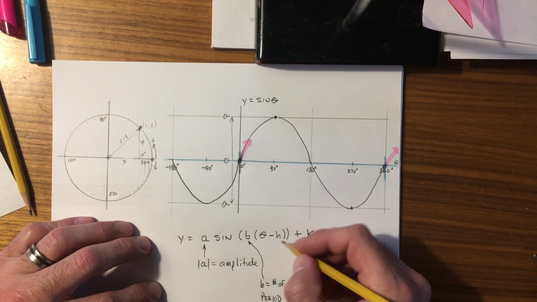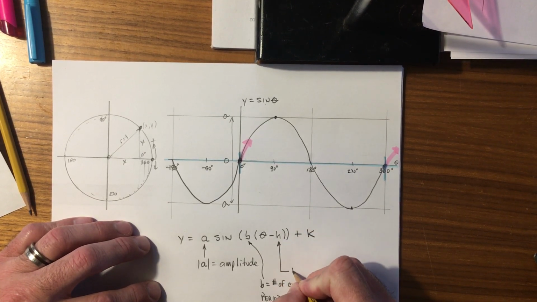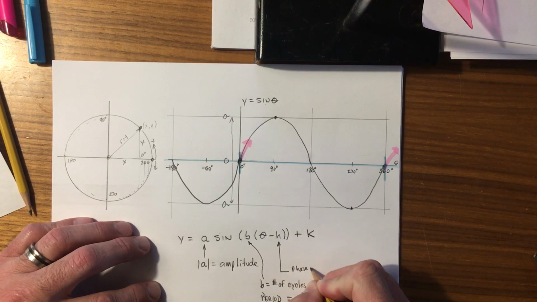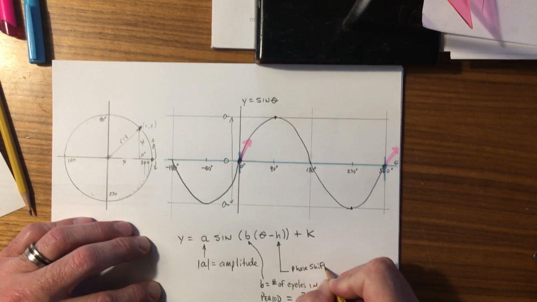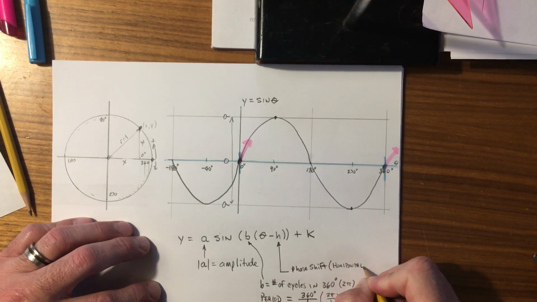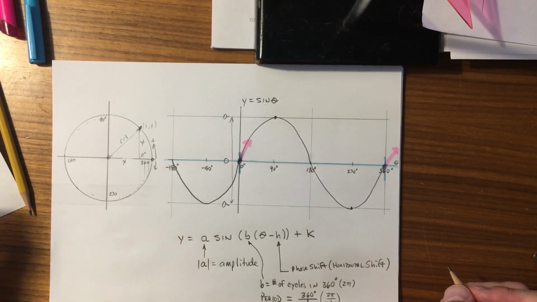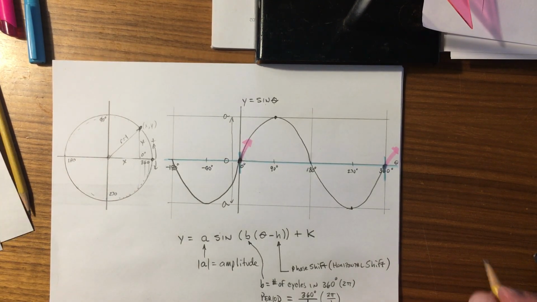Now, the next thing is this letter H, and this H is called a phase shift. Phase is a fancy word for horizontal, so it's a horizontal shift.